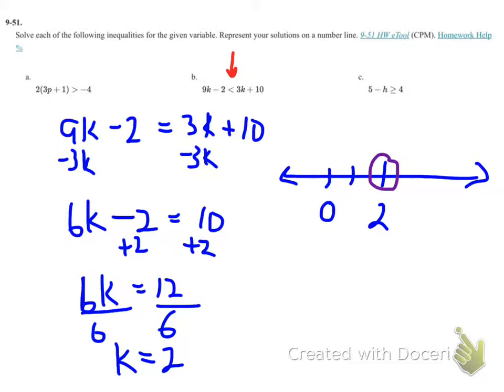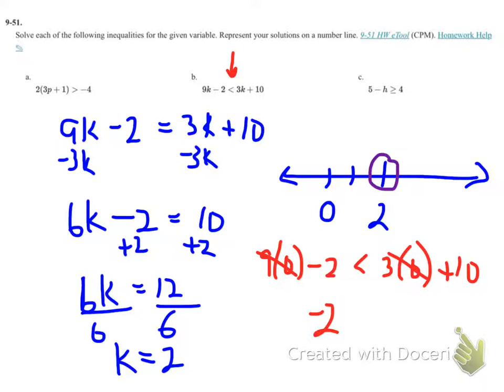So to substitute in that 0, I will have 9 times 0 minus 2 less than 3 times 0 plus 10. That cancels out. I have negative 2 is less than 10. That is also true. So I'm now shading in the direction of 0.